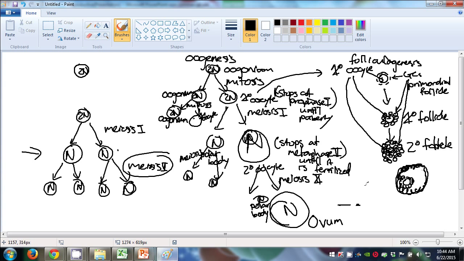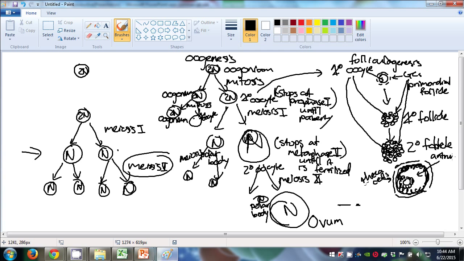So here we have the antrum. Around the granulosa cells, we have what cells around it? Theca cells now. So theca cells are now in play.